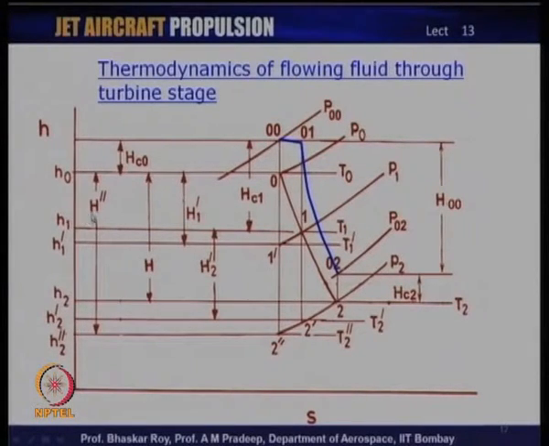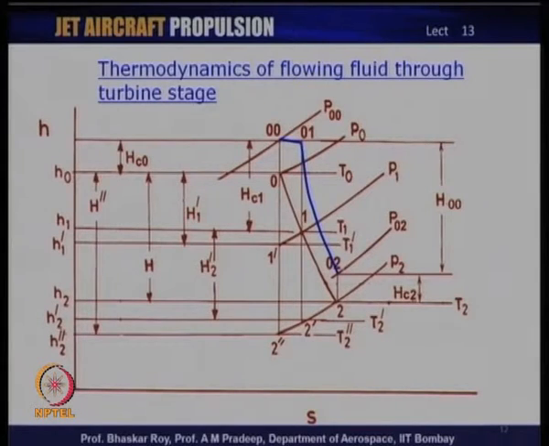Somewhere on the left you can see an H double prime, that is nothing but the isentropic work done from station 0 to station 2 double prime, vertically dropped from 0 to 2 double prime, and that is the thermodynamic ideal work done in an isentropic process.